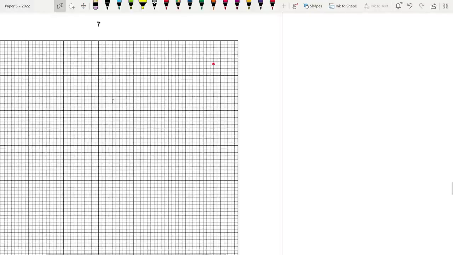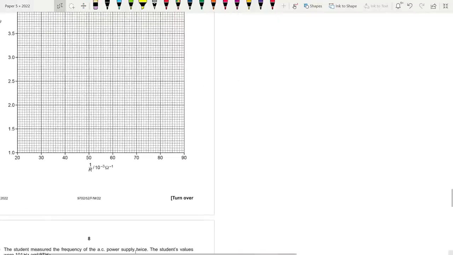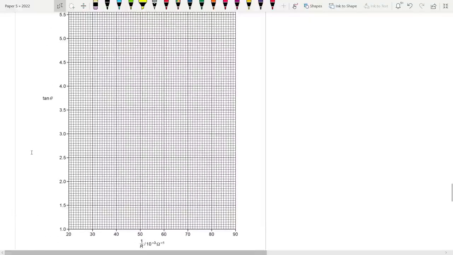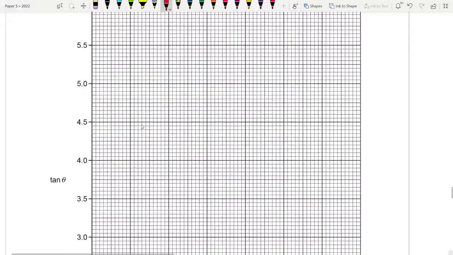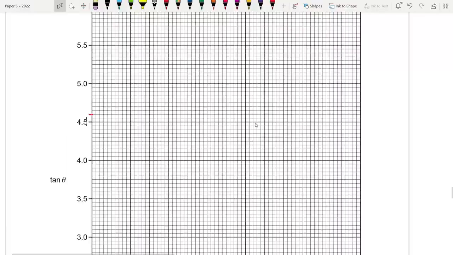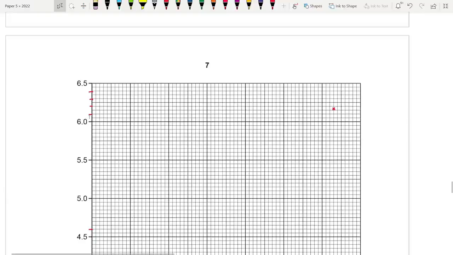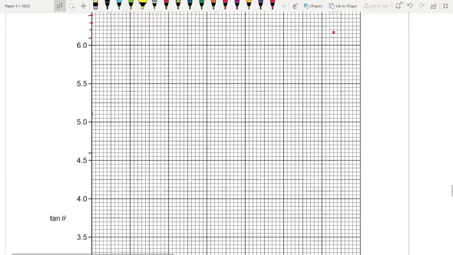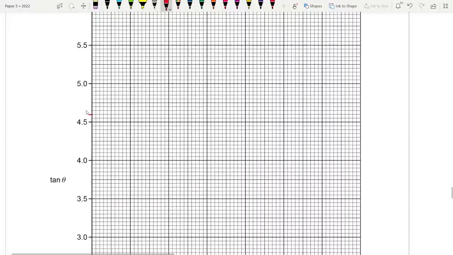What about the next one? It's actually 63 and 4.51. So this is the one I marked, right?